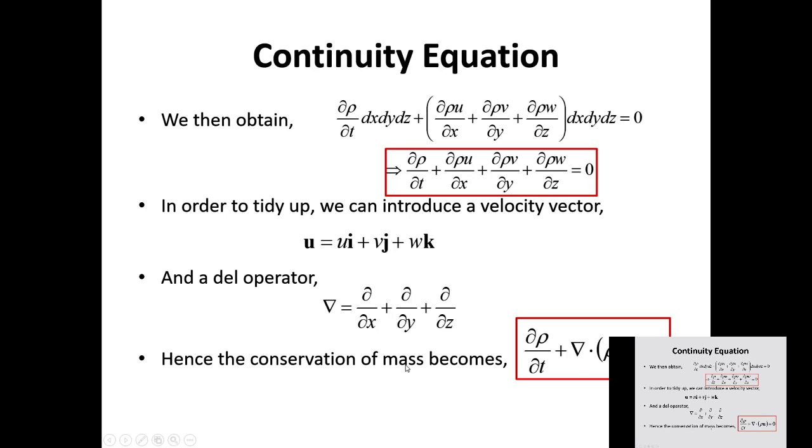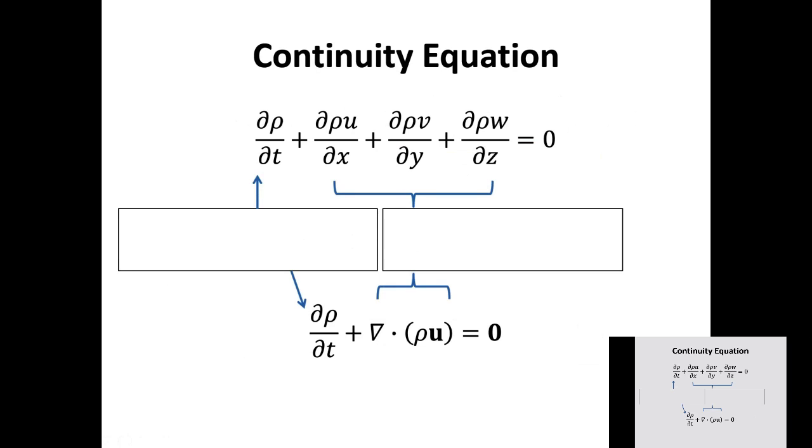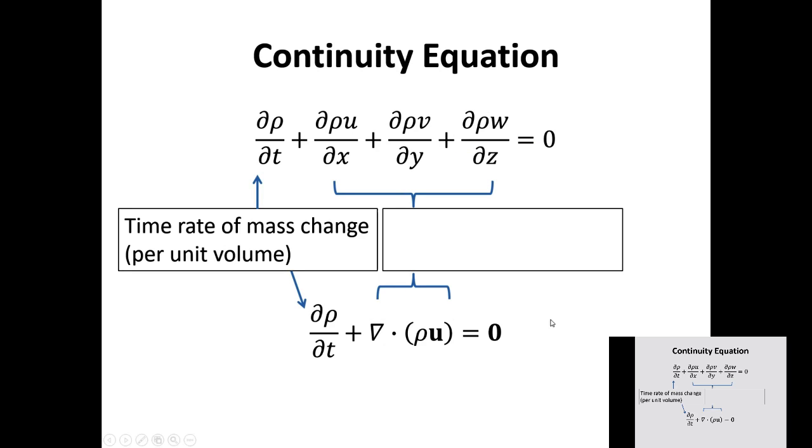So your conservation of mass, you can write it as the partial of rho with respect to t plus nabla dot rho u. Okay, so this is writing the same equation in the vector form. And in the continuity equation, the partial of rho over the partial of t is the time rate of mass change.